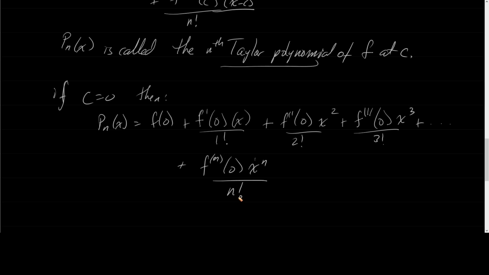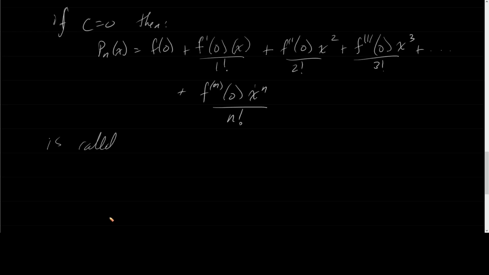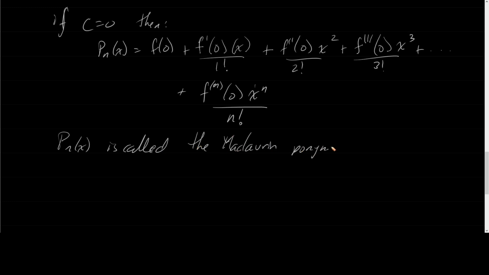Alright, so in here, p sub n of x is called the Maclaurin polynomial for f.